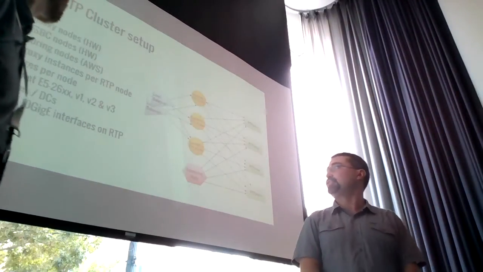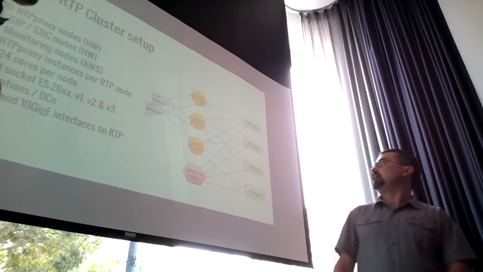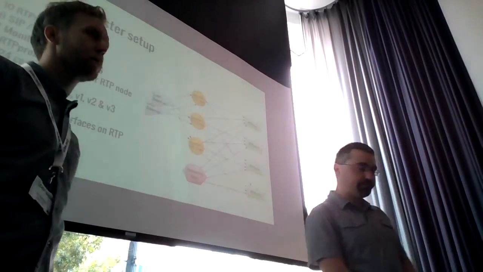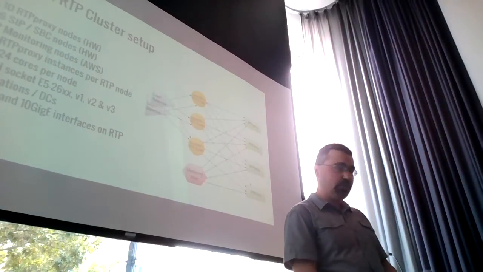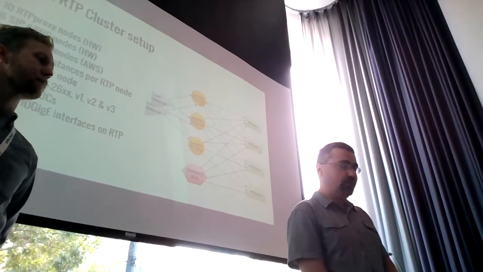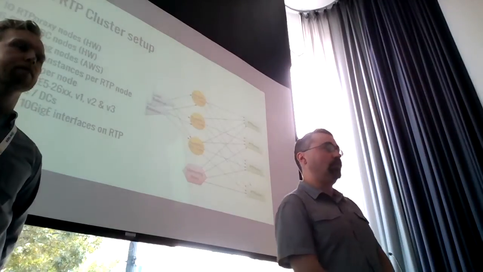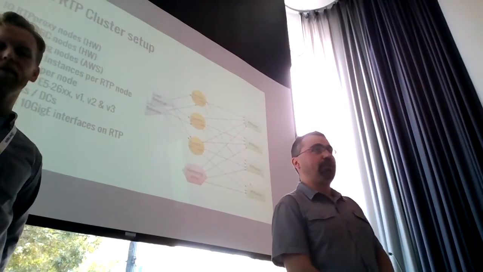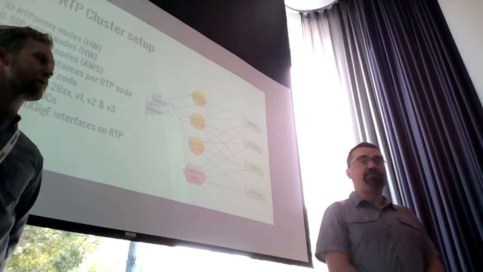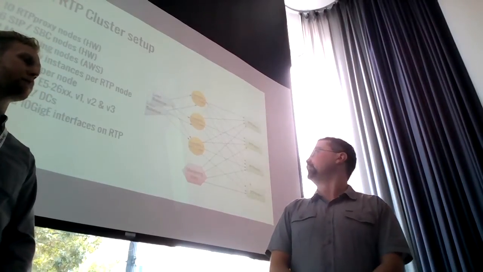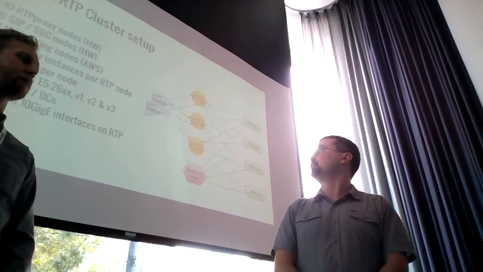We worked on this project for a few years, and this is some of the practical clusters that we run for one of our customers. We have about 10 RTPproxy nodes, and those nodes are pretty beefy hardware: 15 to 24 cores, pretty much the latest Intel processors.